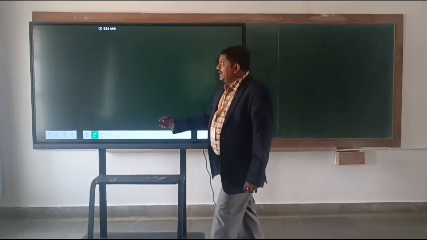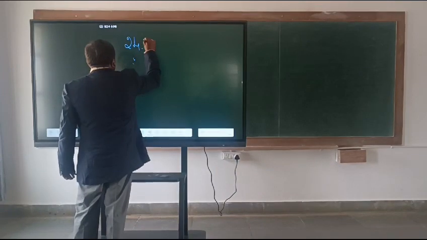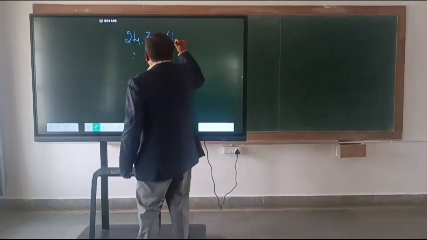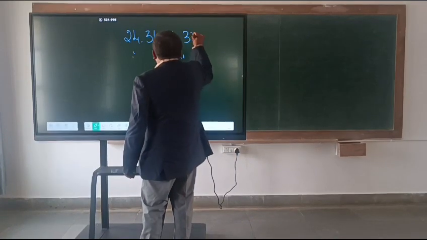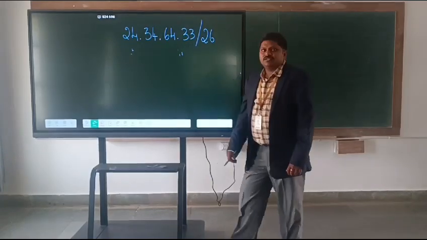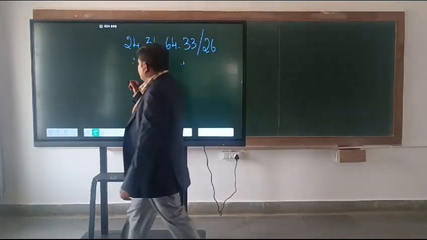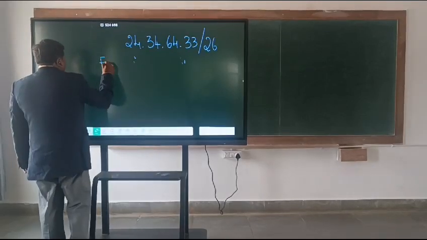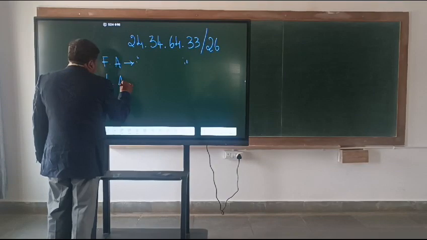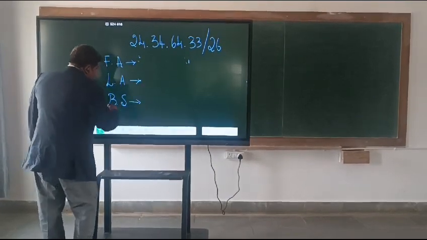For example, let us consider the address 24.34.34.33/26, which is one of the IP addresses given. For this IP address, we need to find its first address, last address, as well as its block size.